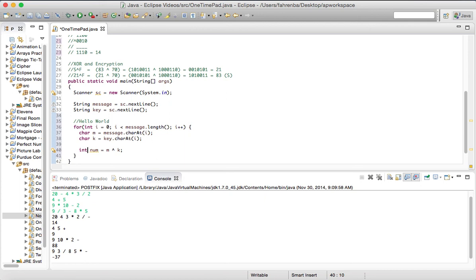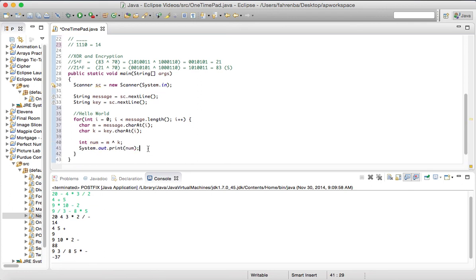Yep. That's it. So we're going to go through and print this out. System.out.print the number. And I want there to be a space after this. So I'm going to check if i is less than message.length minus 1 to make sure I'm not at the end. Because if I'm at the end, I don't want to print a space.